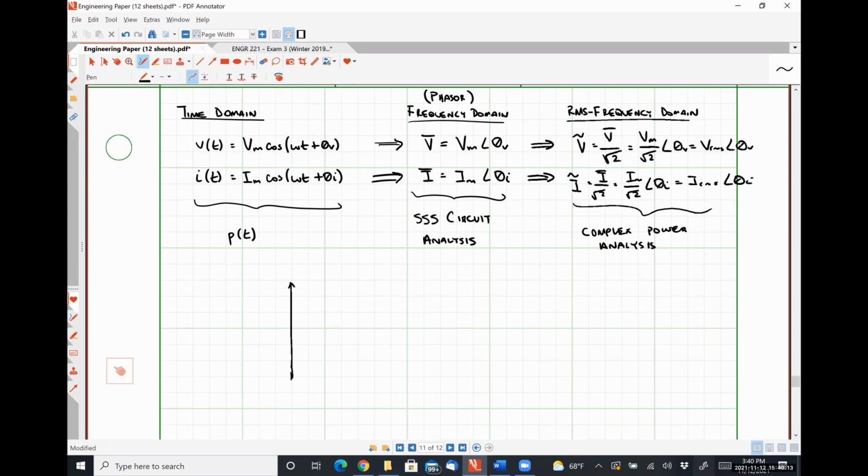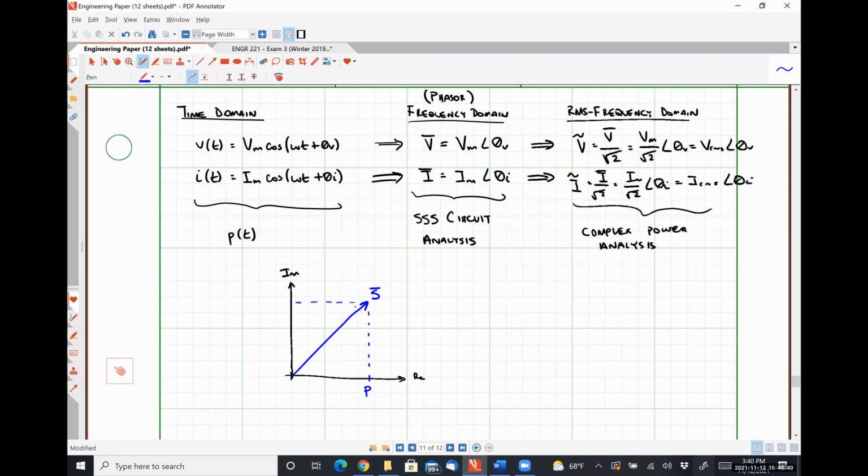Apparent power, yeah. So I'm just going to draw a quick power triangle here. This is the real axis. This is the imaginary axis. Here is a generic complex power S. The projection of S onto the real axis is the average power.